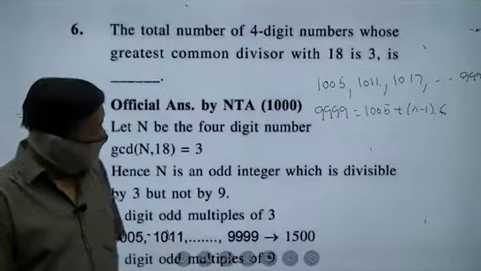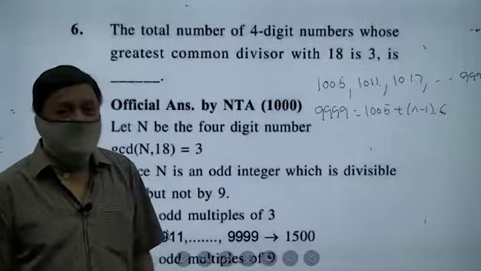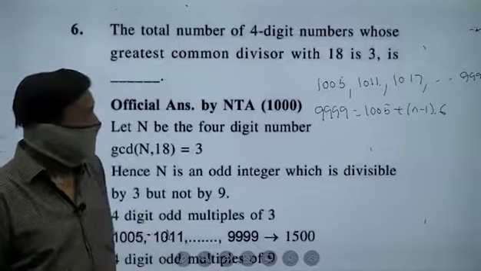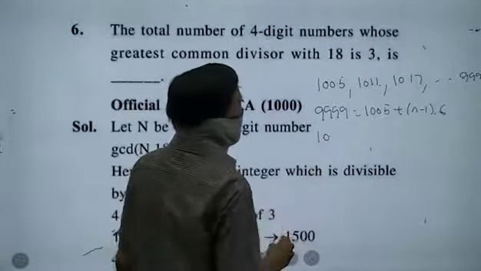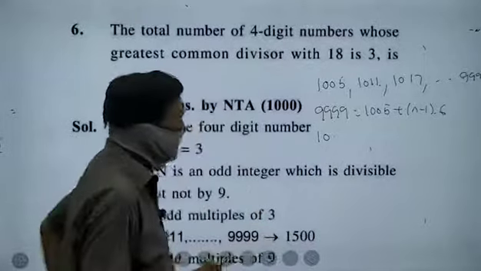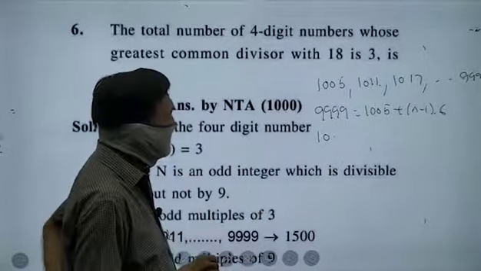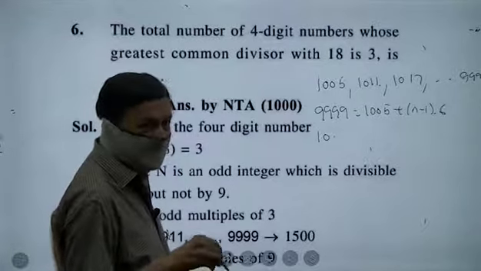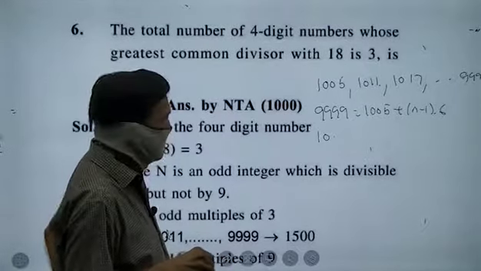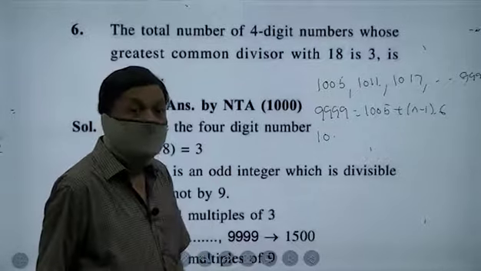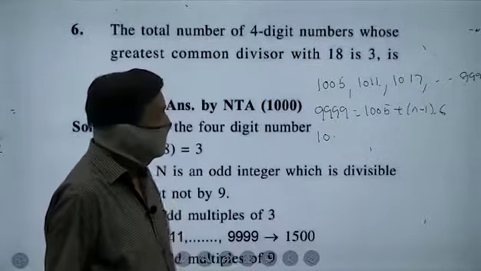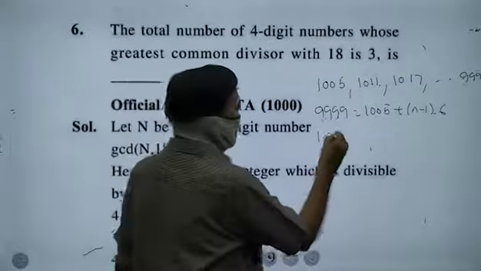So what is the first odd number divisible by 9 for you? 1017, right.